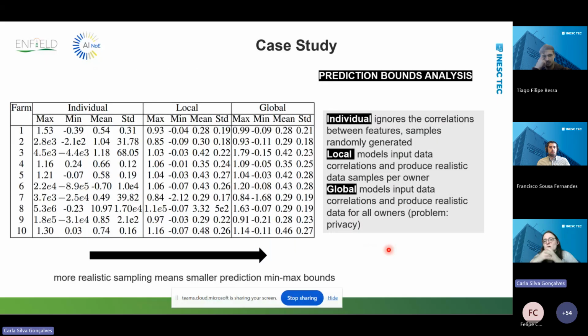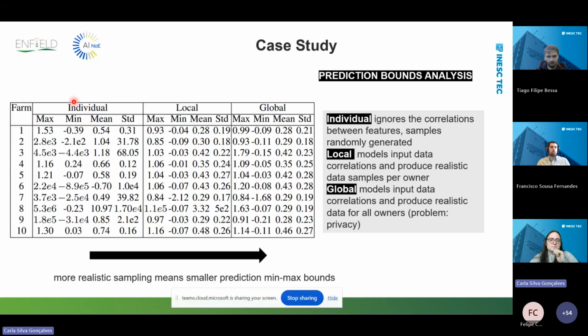In terms of the prediction bounds, we have the expressions, they were a bit large, and we wanted to see if these expressions had some problems in terms of bounds. So if it could happen that we had extremely high values that did not make sense. To do that, we need to generate the features between 0 and the maximum that they can take.